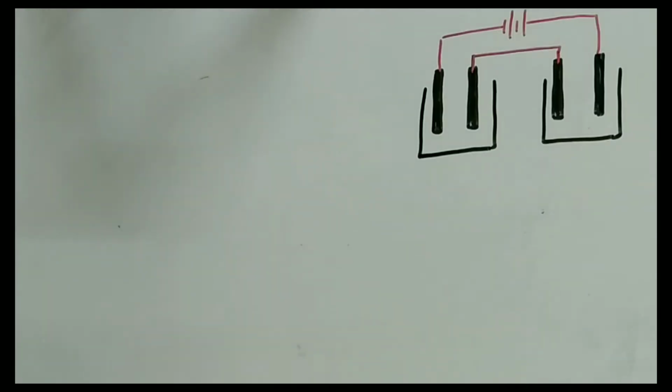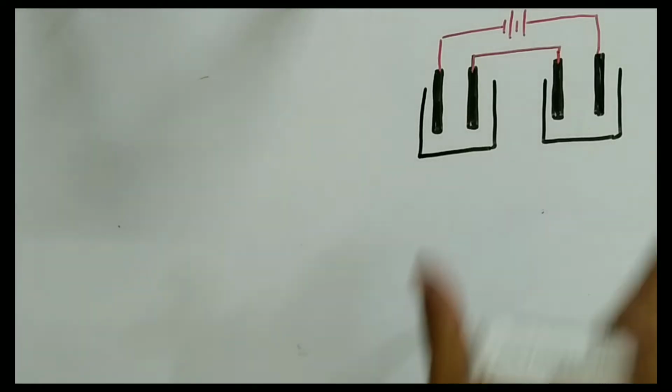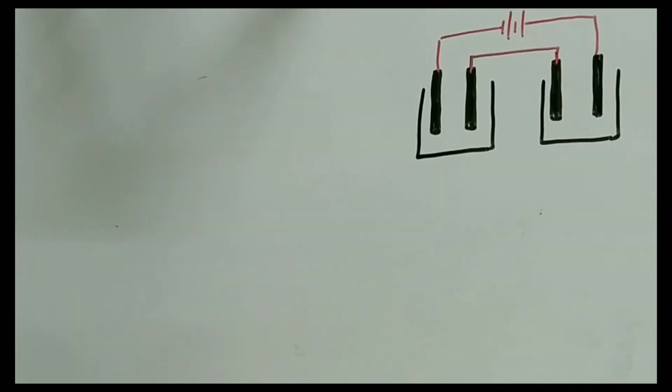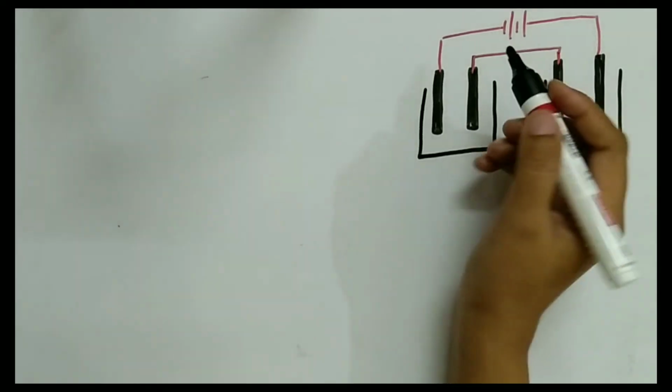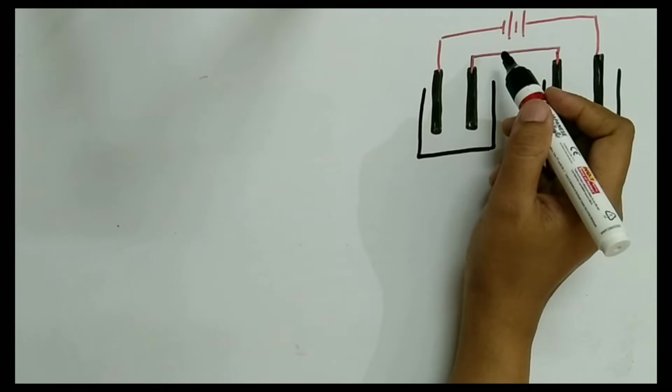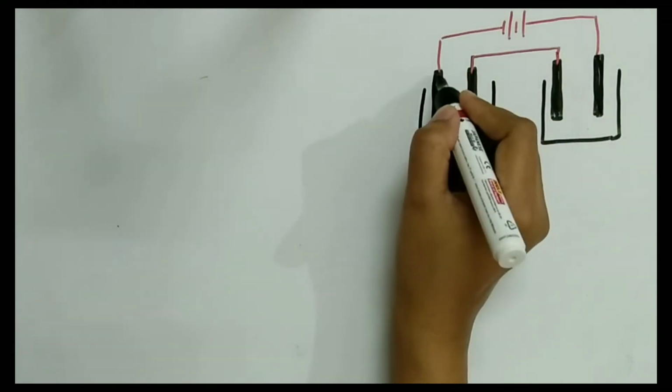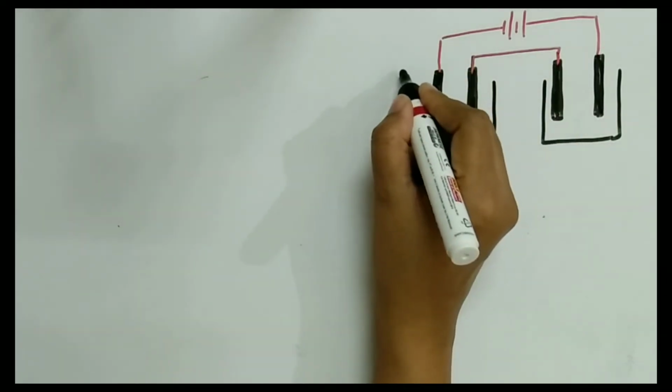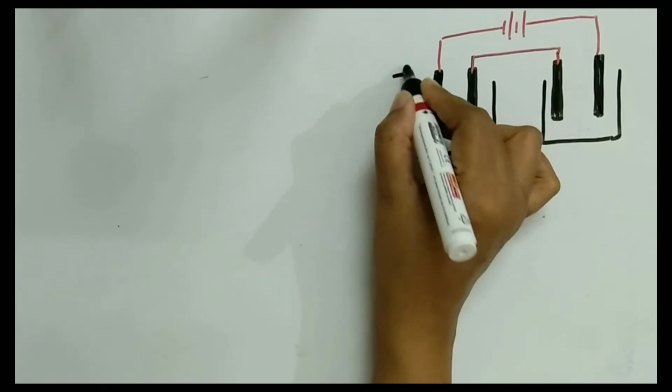So Faraday's law, the cells are connected in series here. I have taken two cells, connected in series. Here the outer connection, this electrode will act as cathode, which is negative.